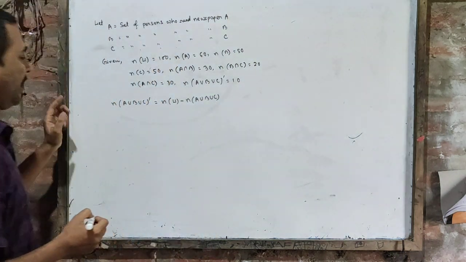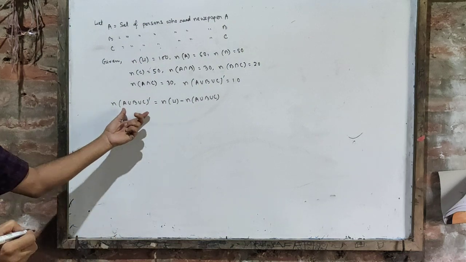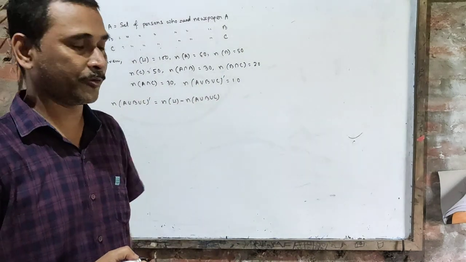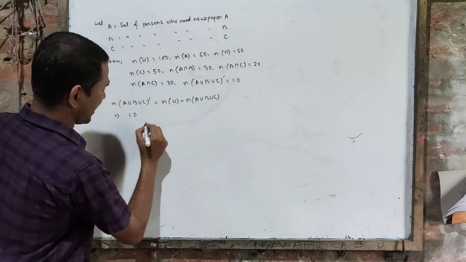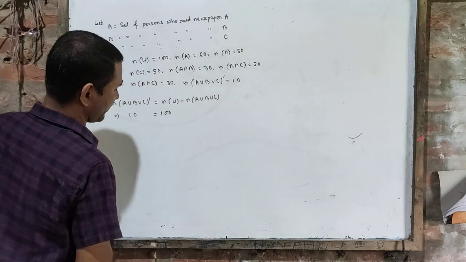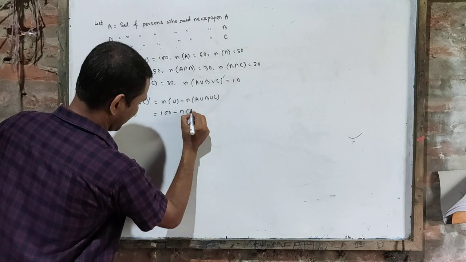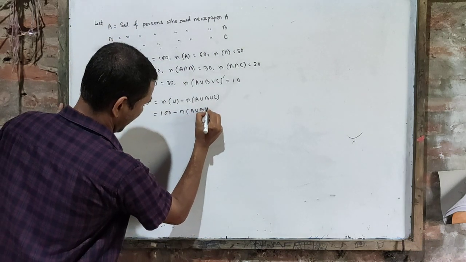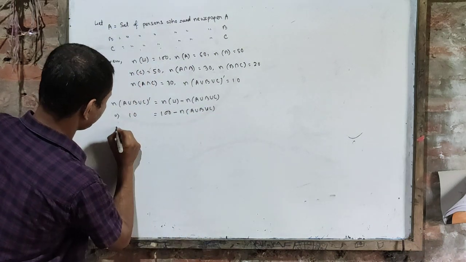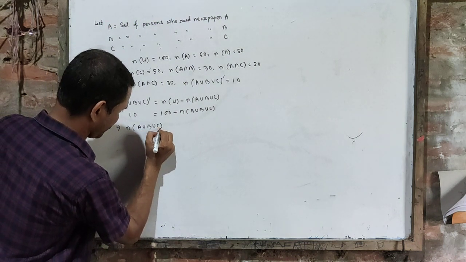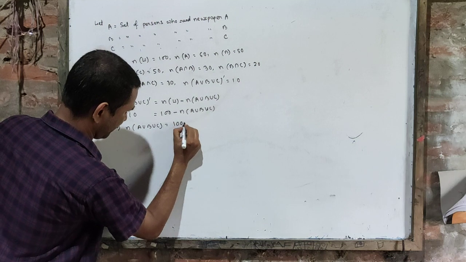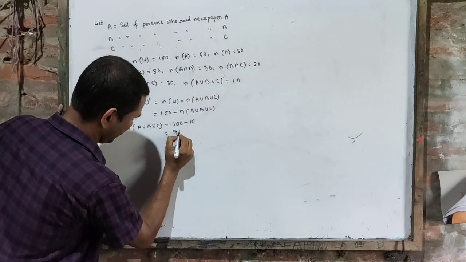So n of (A union B union C) whole complement is equal to n of U minus n of A union B union C. We know this quantity is given to be 10, and this is given to be 100, and we have to find this. This implies n of A union B union C is equal to 100 minus 10, which is 90.